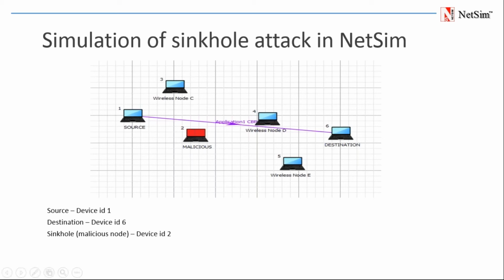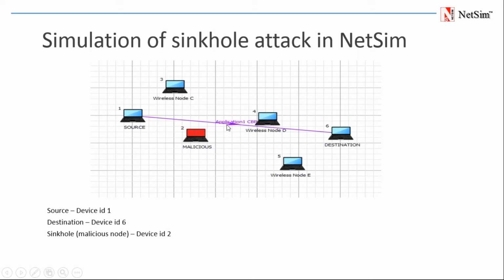Now here we can understand the scenario where node 1 is the source and node 6 is the destination. This is the source, this is your destination, and these are the other devices present in the scenario, where node 2 is identified as the malicious node.